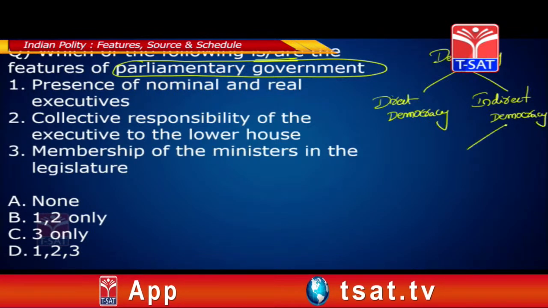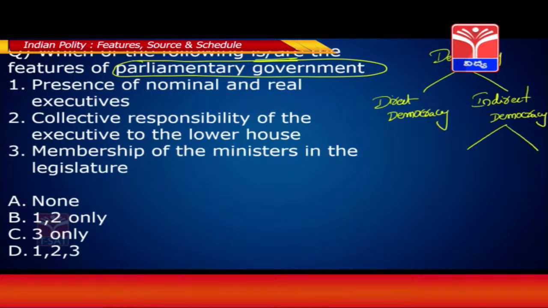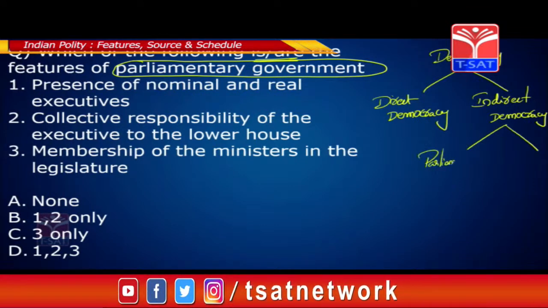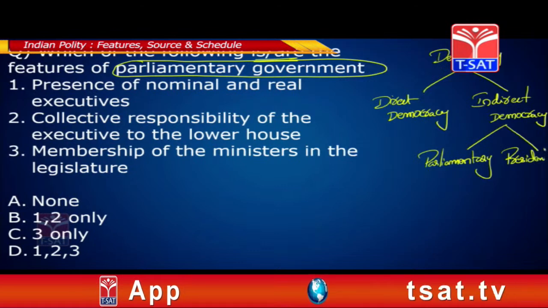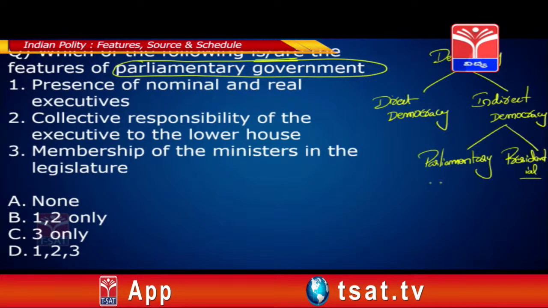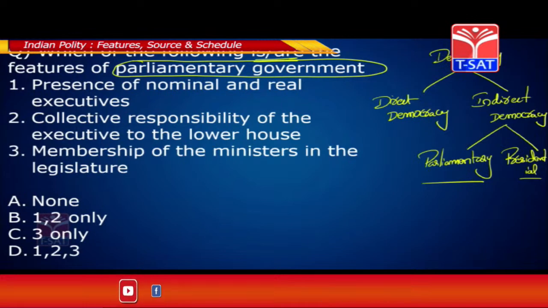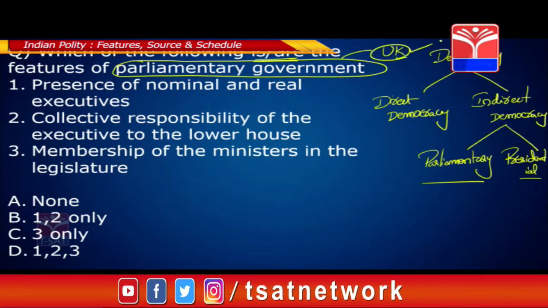So indirect democracy is also called representative democracy. Now this indirect democracy has two forms of government: parliamentary government or presidential government. In India, we have parliamentary type of the government taken from UK or inspired from UK.